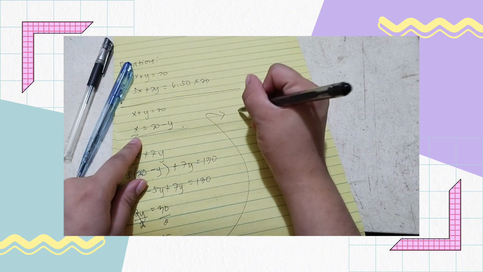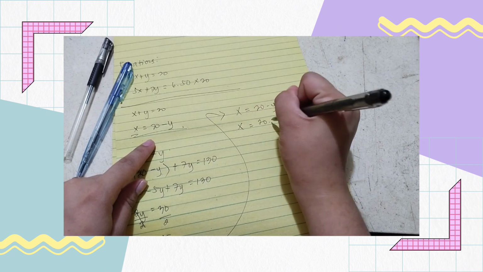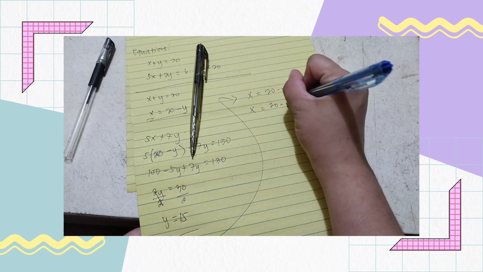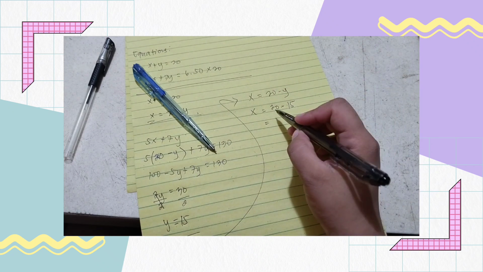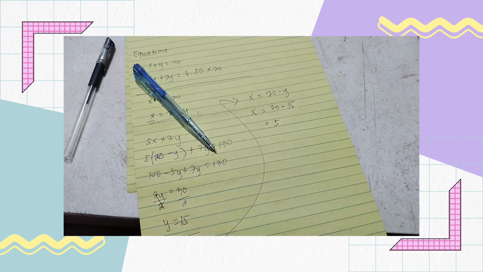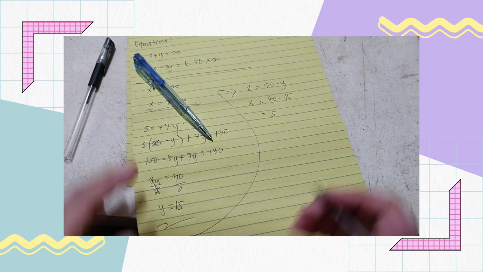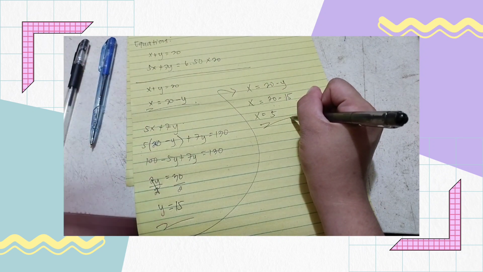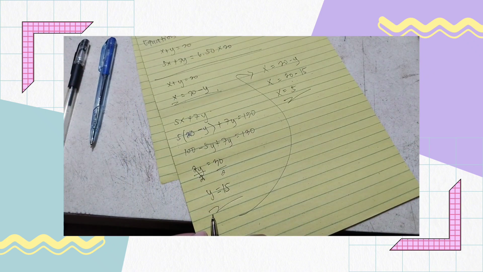Our equation is X equals 20 minus Y. The value of our Y is 15, so X equals 20 minus 15, which is 5. So the solution in our example number 1 is 5 pounds of house blend and 15 pounds of premium blend.